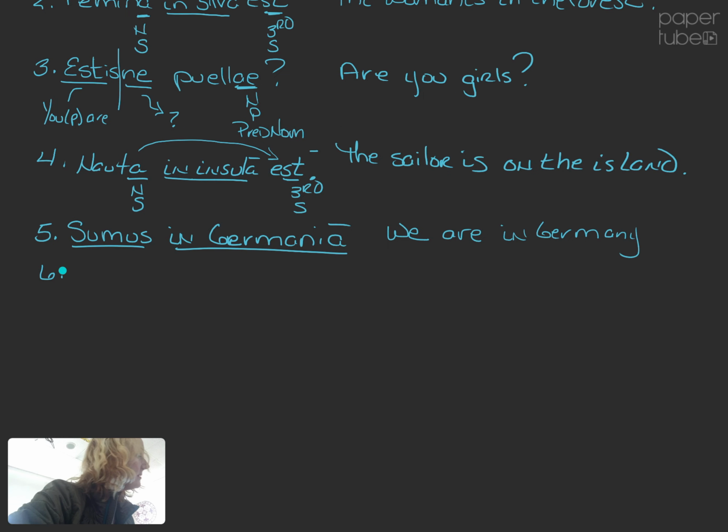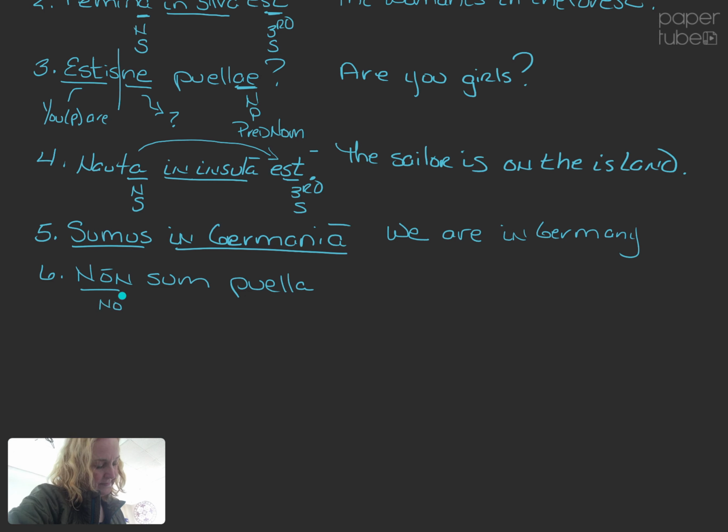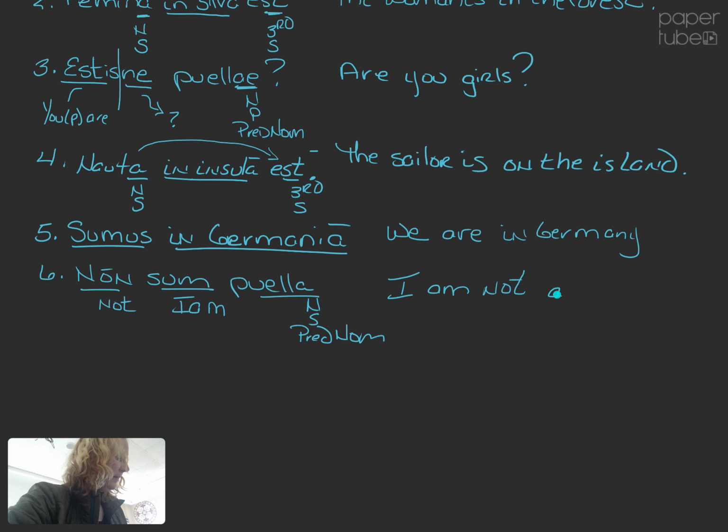Number 6. Non sum puella. Non, not. Sum, I am. Puella with a nominative singular to be my predicate nominative. I am not a girl.